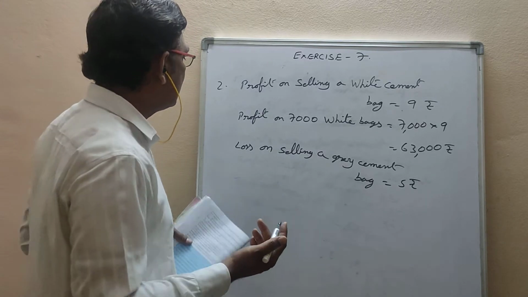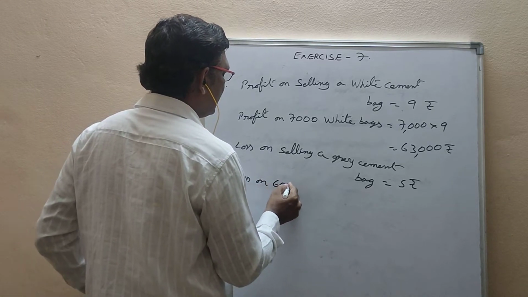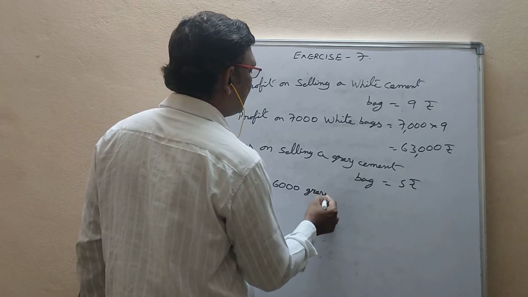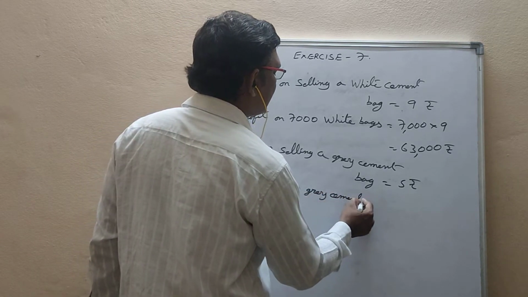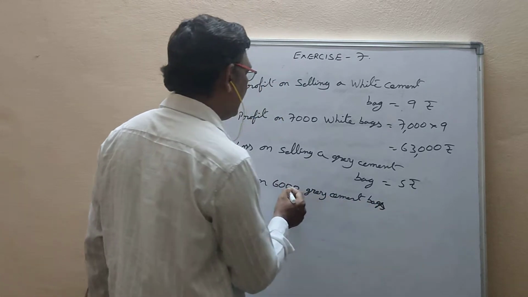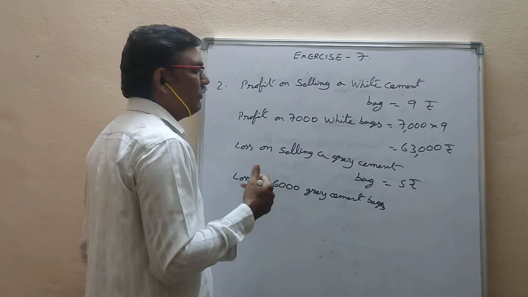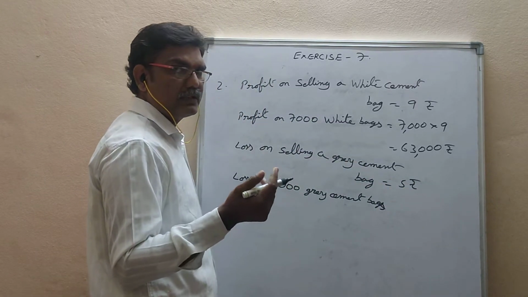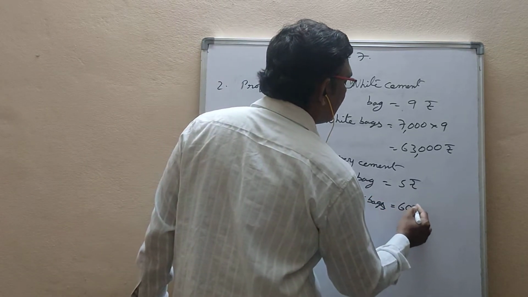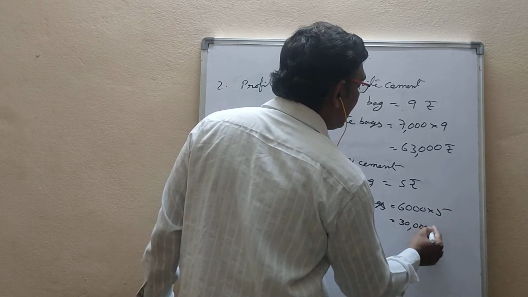Grey color one, 6,000. Loss on 6,000 grey cement bags. For one bag, 1 into 5 rupees loss. For two bags, 2 into 5 rupees loss. For three bags, 3 into 5. Like that, 6,000 bags. 6,000 into 5 means 30,000 loss will come.